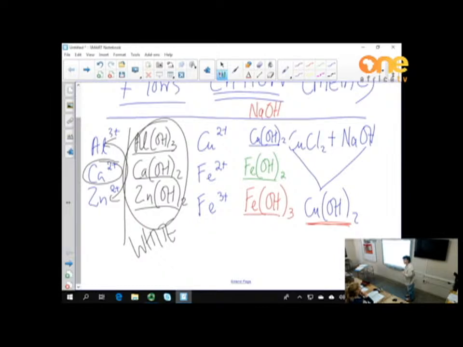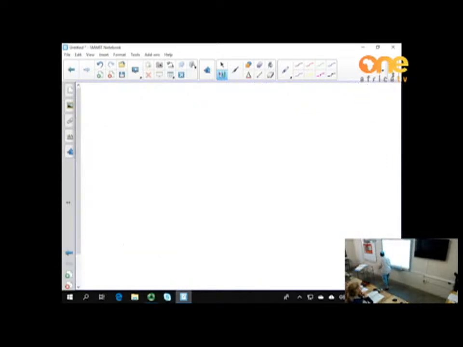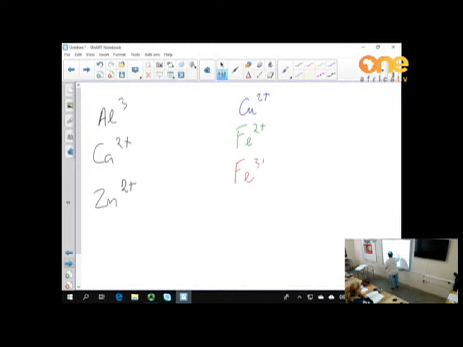All right. Now, I'll come back to distinguishing between aluminium and zinc. We have got aluminium, calcium, zinc. Then we've got copper, we've got iron 2, and we've got iron 3.